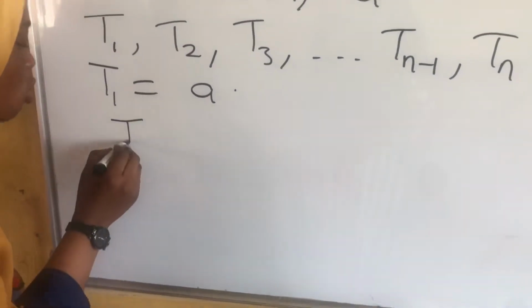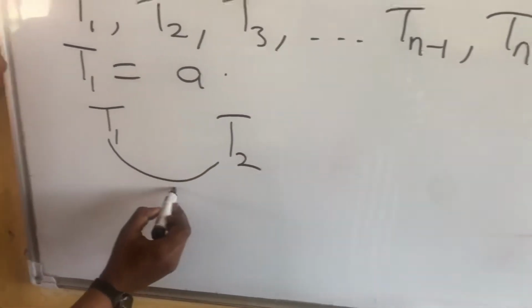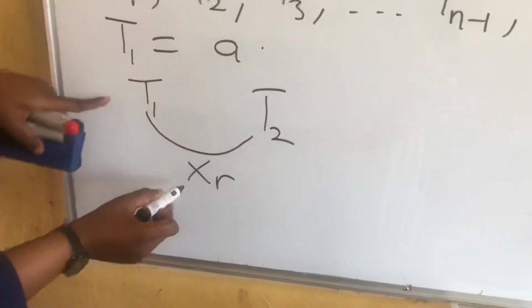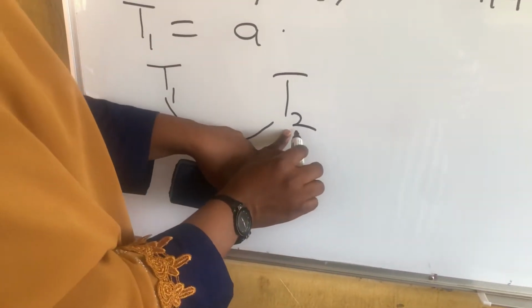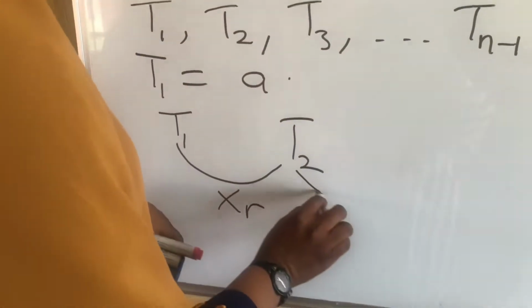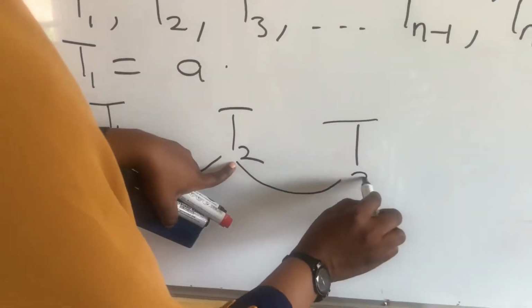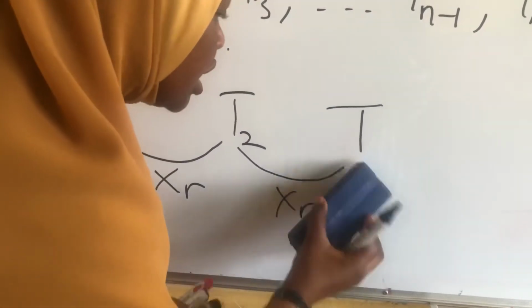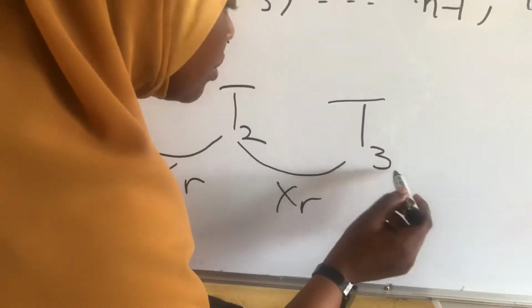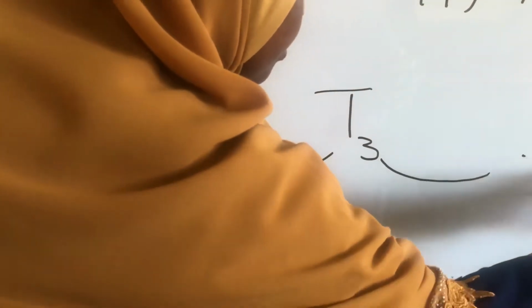So to get T2, you have to multiply T1 by r. It gives you the second term. To get the third term, you multiply the second term by r to give you T3. That is the third term, and so on till we get to Tn.